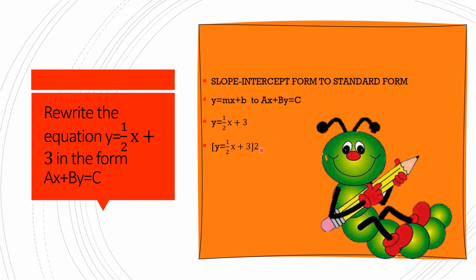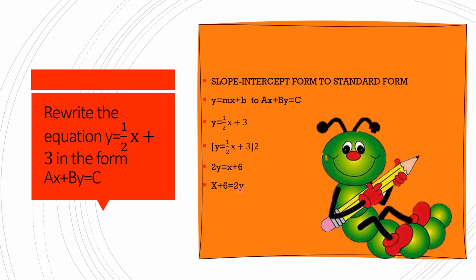So, positive 2. So, positive 2 times y, that is equal to 2y. Positive 2 times 1 half, that is 1 times x. Ang nabilin is x, or that is 2 divided by 2 is 1, that is x. Then, 3 times 2 is 6. So, after multiplying by 2, mao na ni ang nakita nato, 2y equals x plus 6.